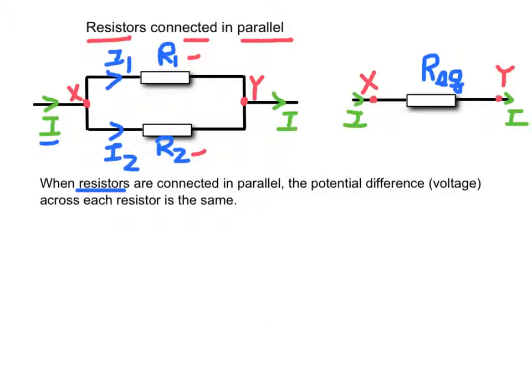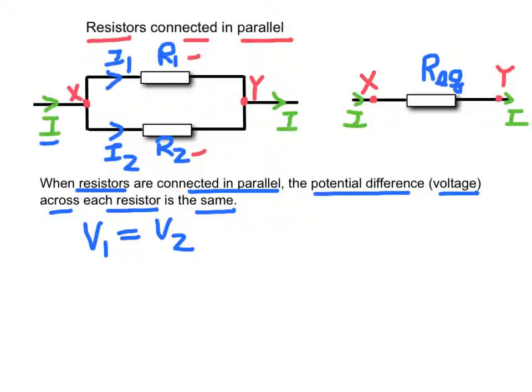When the resistors are connected in parallel, the potential difference, or the voltage across each resistor, is the same. That means V1 equal to V2. By Ohm's law, we have V1 equal to I1 R1 and V2 equal to I2 R2.